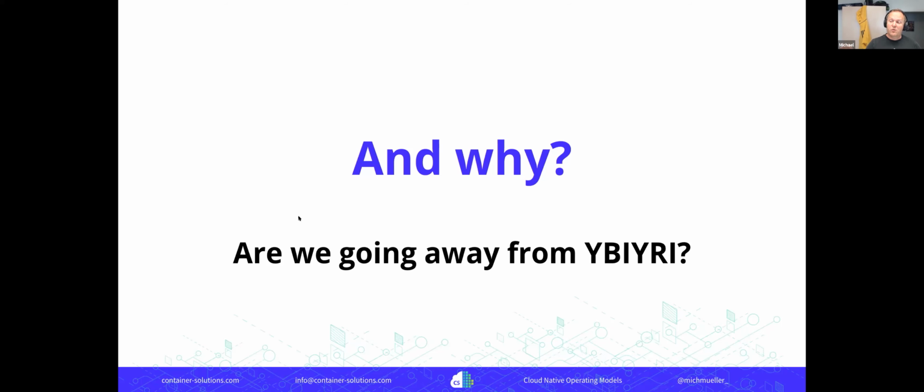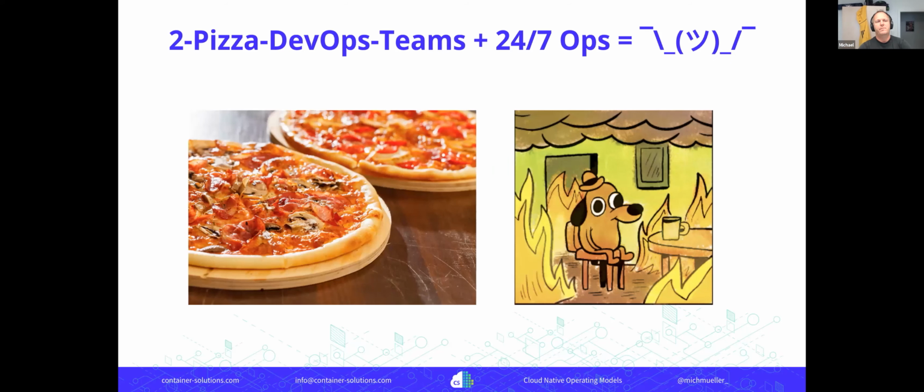But why should someone move away from you build it, you run it, like DevOps? Quite simple. A DevOps team is usually quite small. It consists of 5 to 7 people because the scope of responsibility is limited to a service or some small services, but the whole team should get it in their head what they are responsible for.